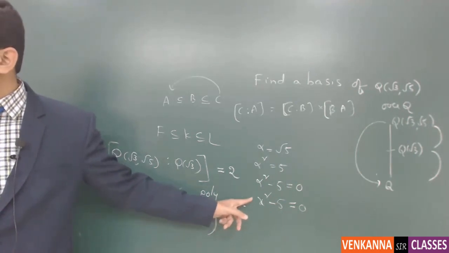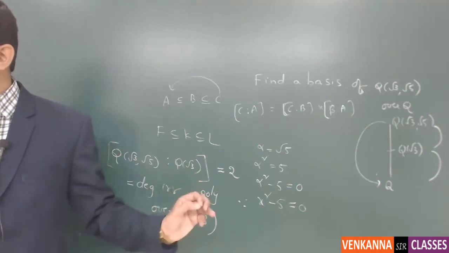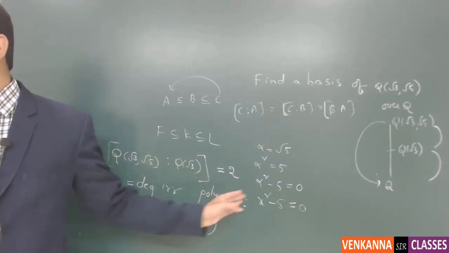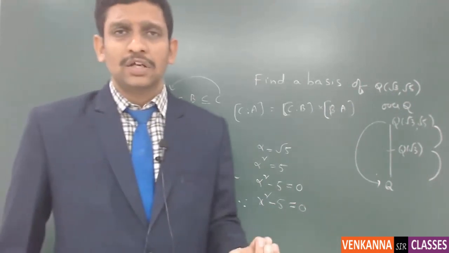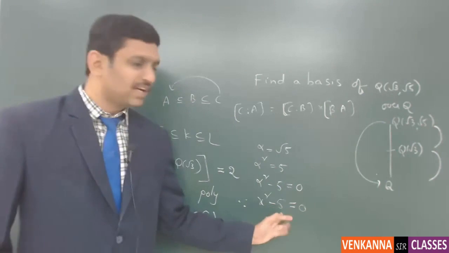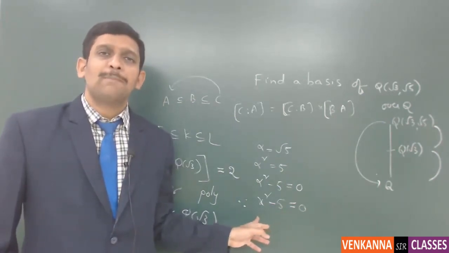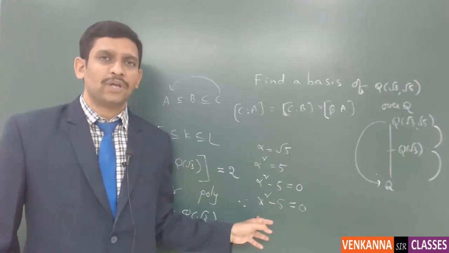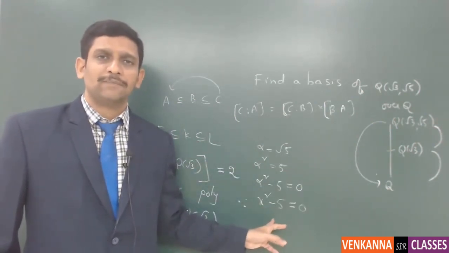How do we specify that this polynomial is irreducible? By simply applying the Eisenstein criterion. We have the Eisenstein criterion, right? If you take the prime number p equal to 5, p divides the constant term, p divides the x coefficient, p does not divide the x square coefficient, and p square does not divide the constant term 5 here.